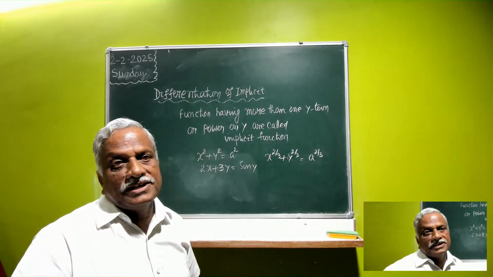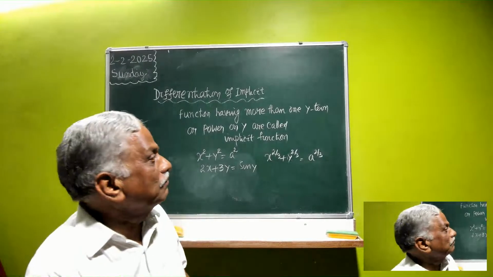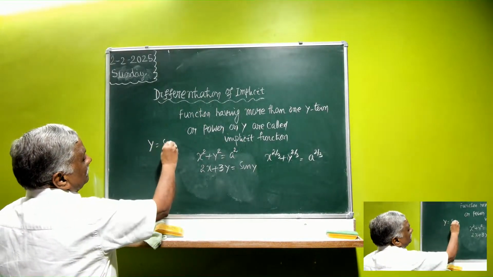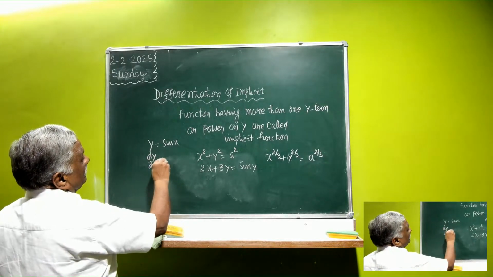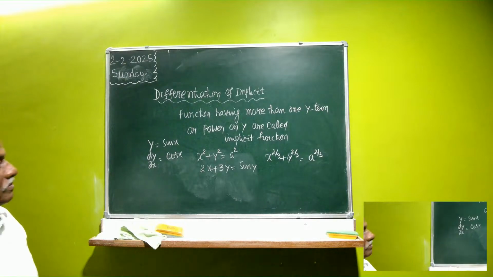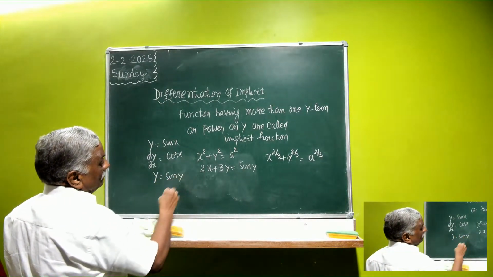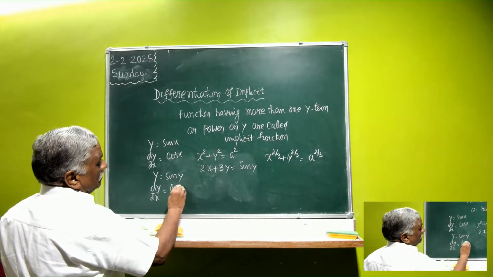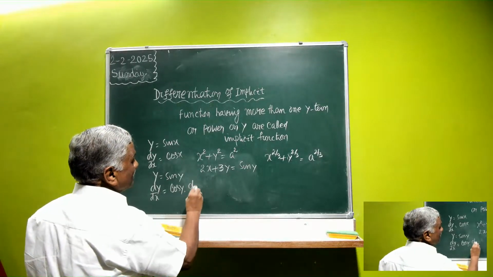How do we have to differentiate this? Same procedure, there is no question of changing the rule. For example, if I have got y is equal to sin x, I will find dy by dx is cos x. But if I have got y is equal to sin y, dy by dx is equal to cos y into dy by dx.